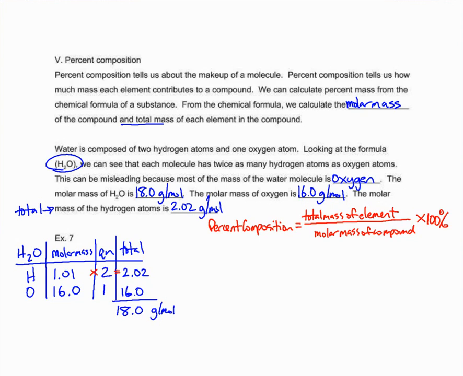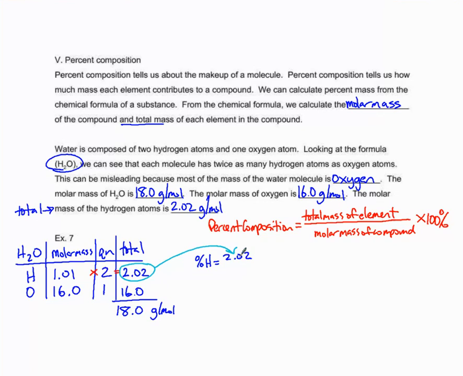So let's look at how this works for water. If you look at the percent hydrogen, our formula says the total mass of the element, and that is this box right here, 2.02, and you can put in the units if you want.